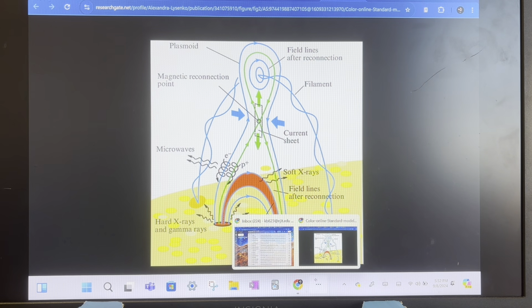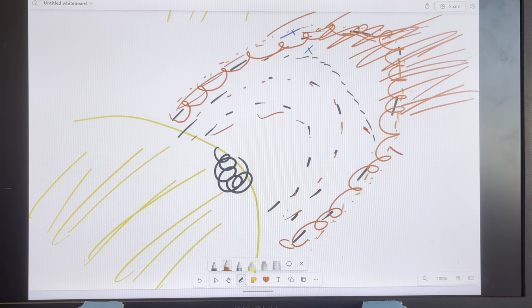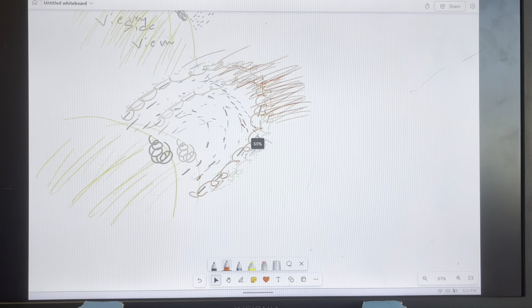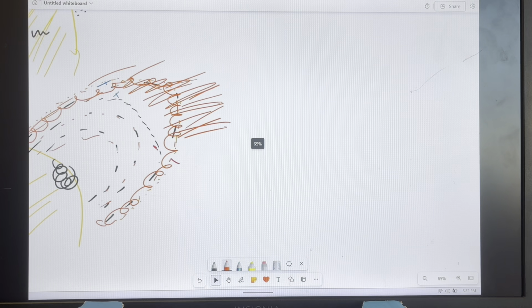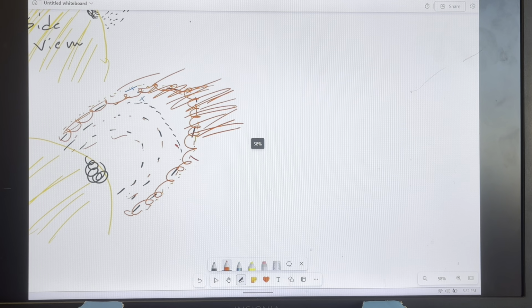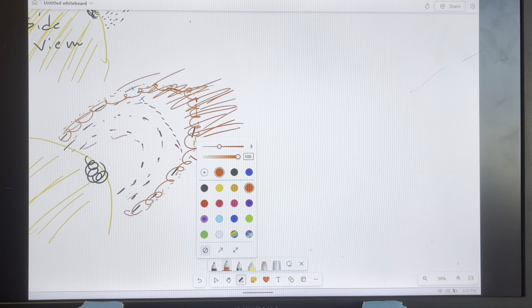So a few other differences. Let's get a little bit over here, right? We'll just have right here, we're gonna add in our little diagram of the Earth. Voila.